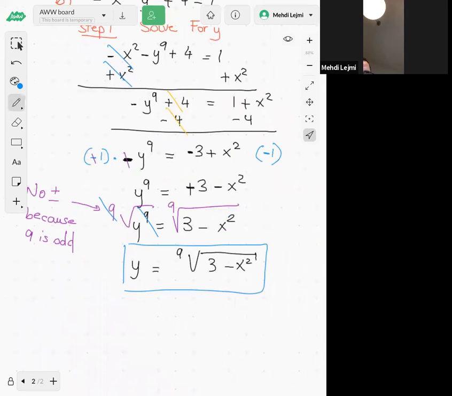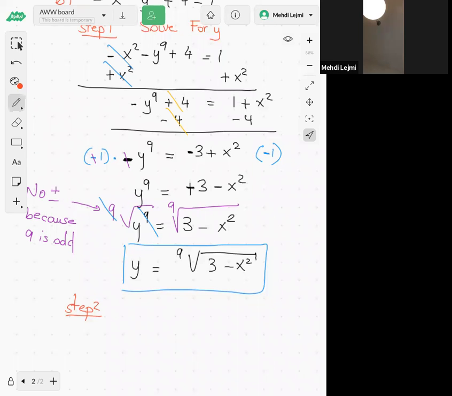Now in the second step, I have to check that for each input x, we have exactly one output. Because there's no plus or minus, y is going to be a function of x.